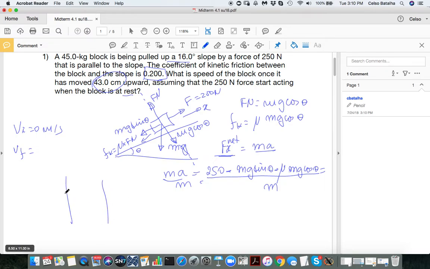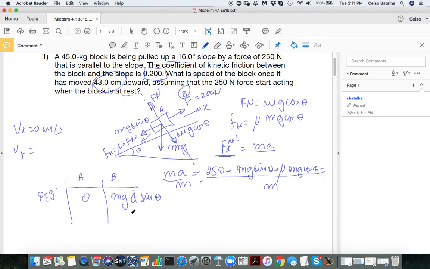So if you do attempt energy, that's part A, and then you go to a part B, A and B. Now, when you do PG at A, which is the lowest part, it is 0. At B, which is the highest part, it would be mgh. But h is the displacement times sine of that angle.